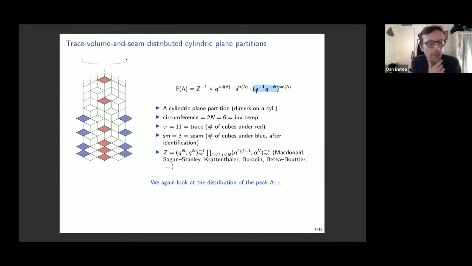But things are complicated enough with the number of parameters that we have now, which is a, q, and the width, twice N. So let me simplify it a bit and just declare that the seam has this parameter to keep track of it. But again, we can do it with an arbitrary parameter. Things are just nicer if that parameter takes this particular value.